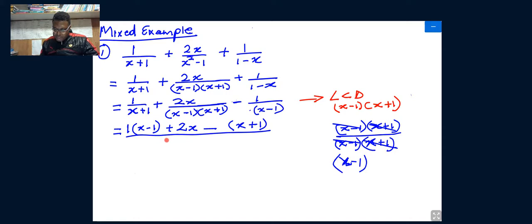We had x minus 1 that we got when we were dividing the first term, and when we divide the second term, we got x plus 1. I think this is clear.